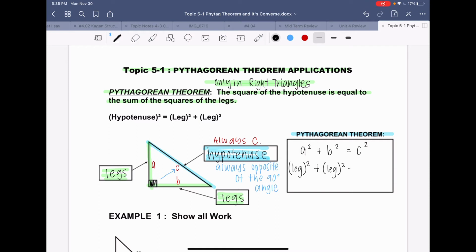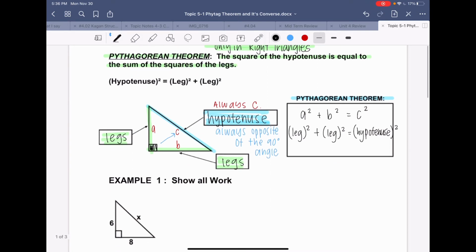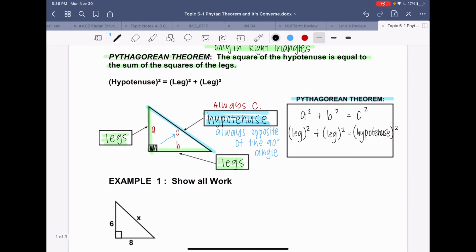Now, granted, y'all should already know this or at least have an idea about it. We've talked about it plenty of times. You should have talked about it in your algebra class or your pre-algebra class. So the Pythagorean theorem: a squared plus b squared equals c squared.